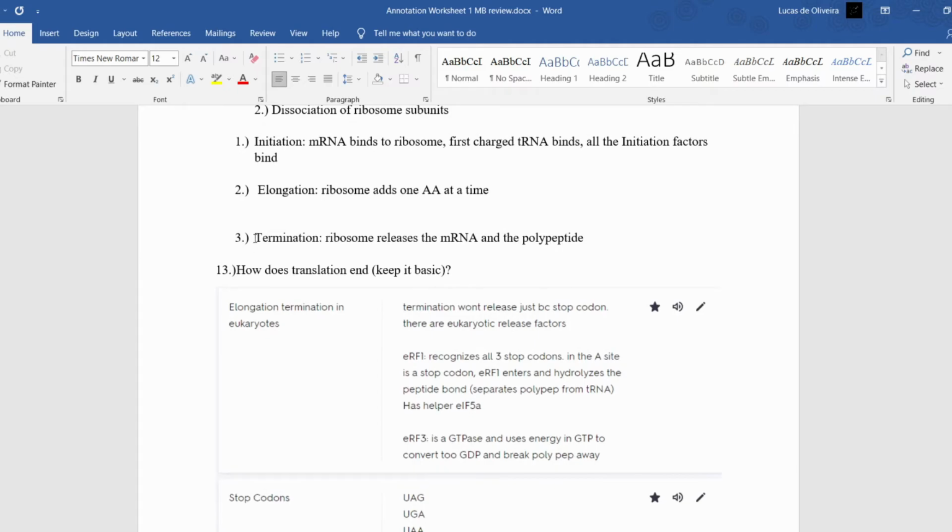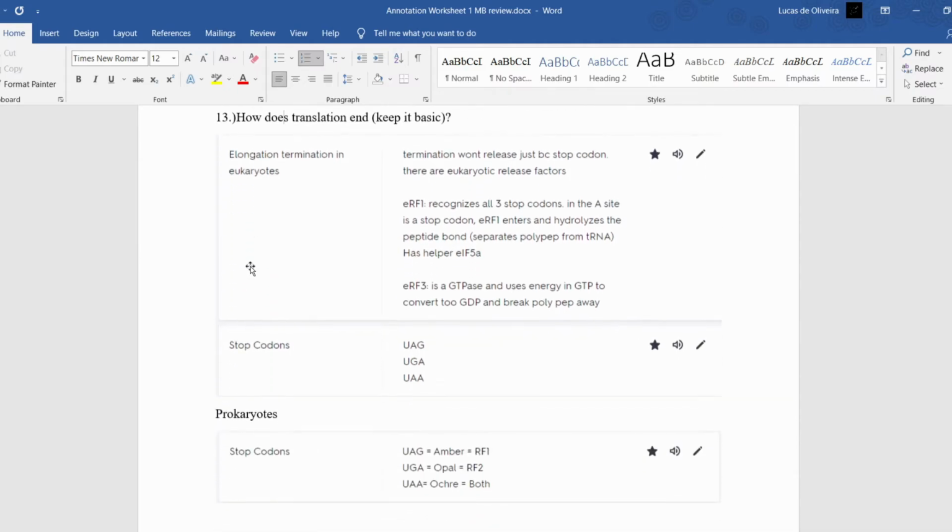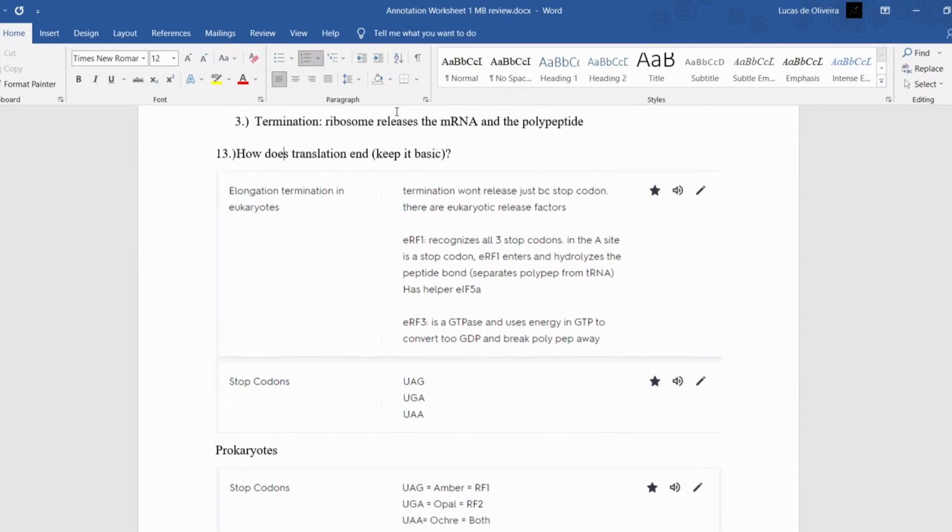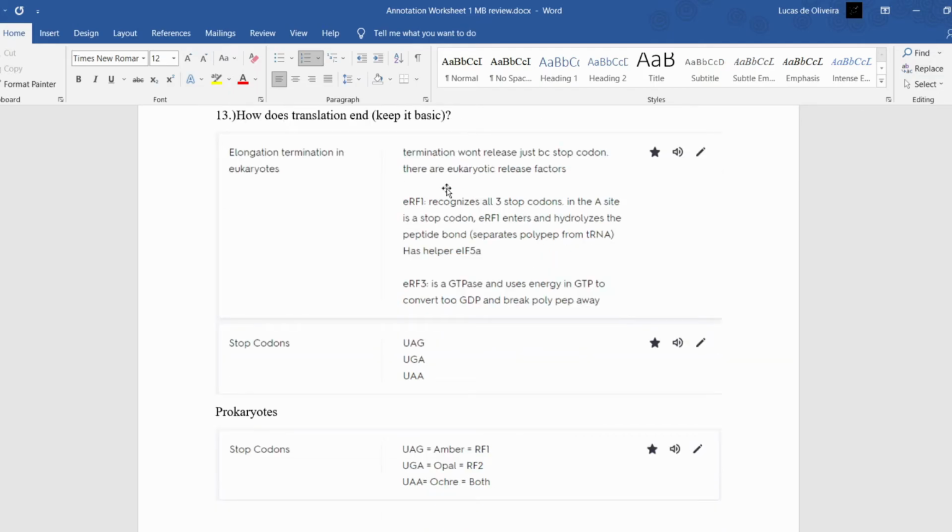I will just cover this in this next question because it talks about termination. To keep it basic, and this differs between eukaryotes and prokaryotes a little bit, the important thing I wanted you to know was that there is a stop codon. There are three different stop codons: UAG, UGA, and UAA, and release factors recognize these stop codons.